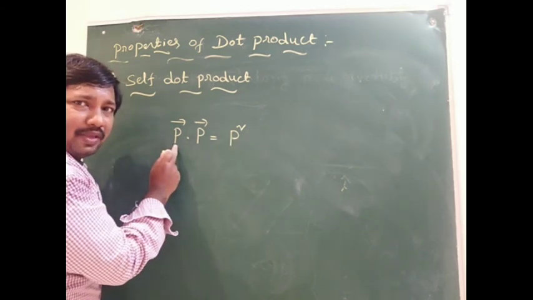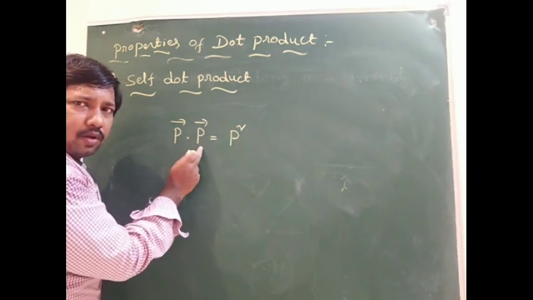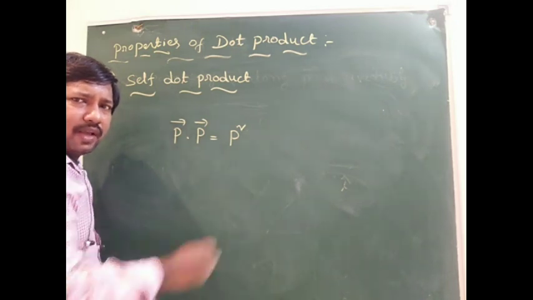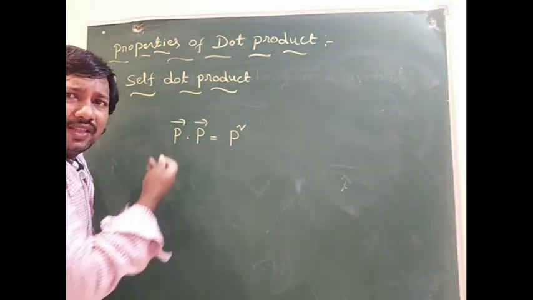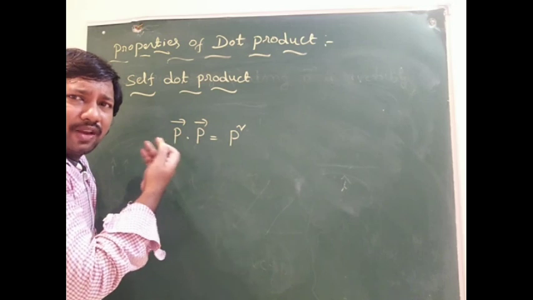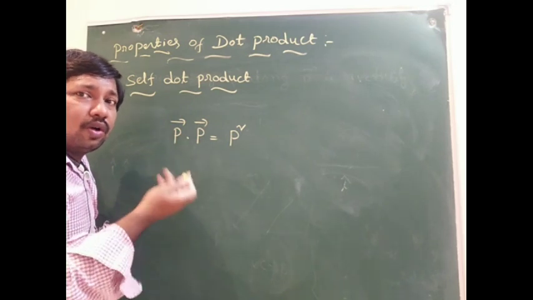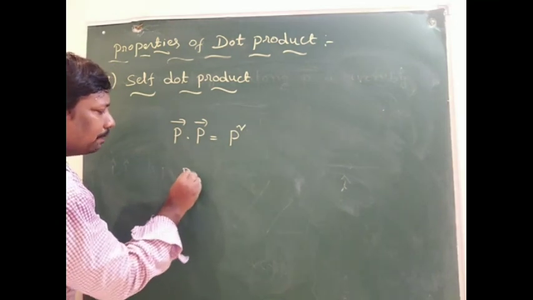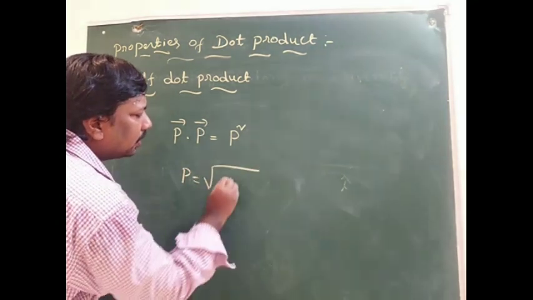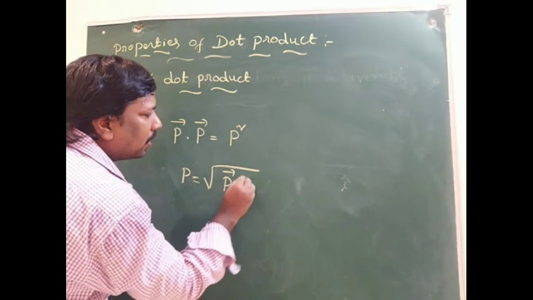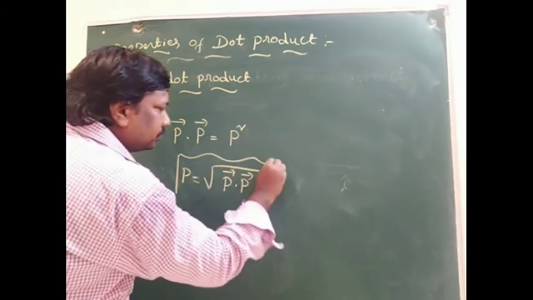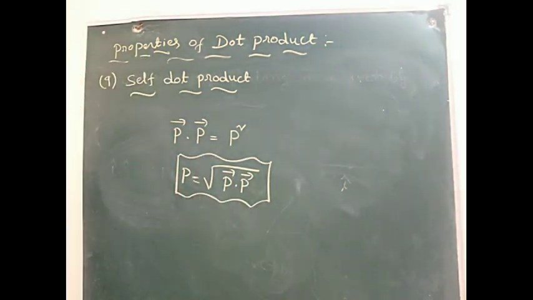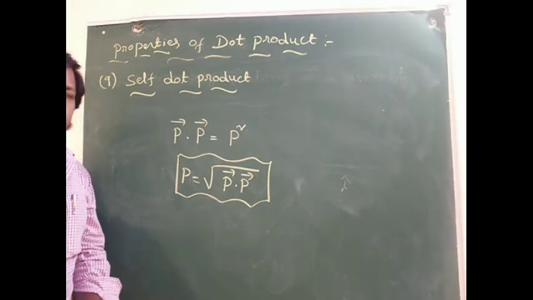That means here P bar and another P bar are moving in the same direction. These are parallel vectors. The angle between any two parallel vectors is 0. So therefore cos 0 equal to 1. So that is P square. So therefore P equal to root over P bar dot P bar. So this is the self dot product.